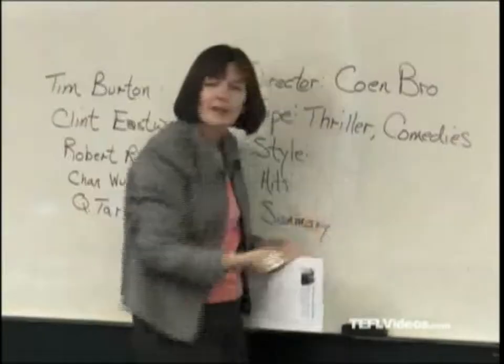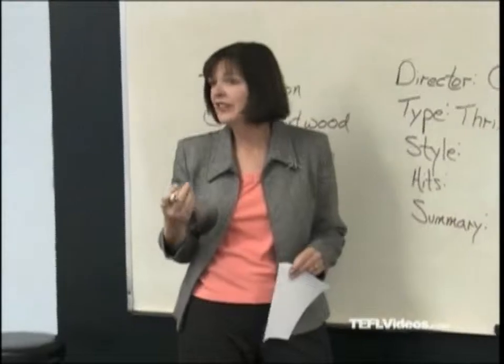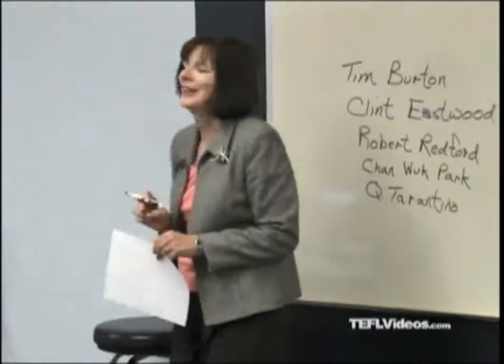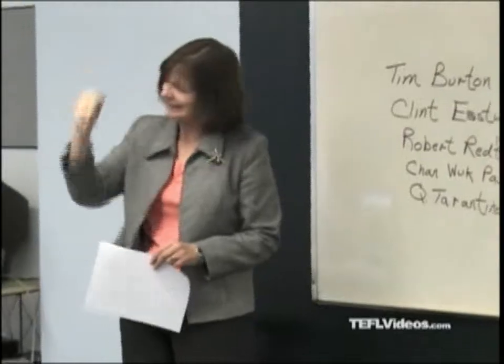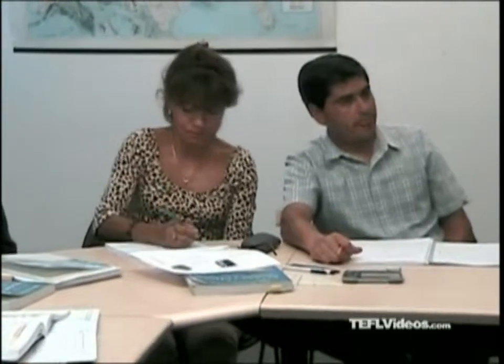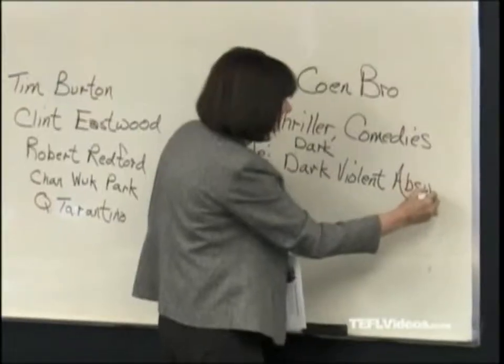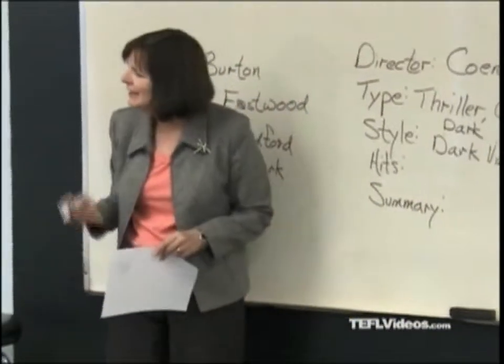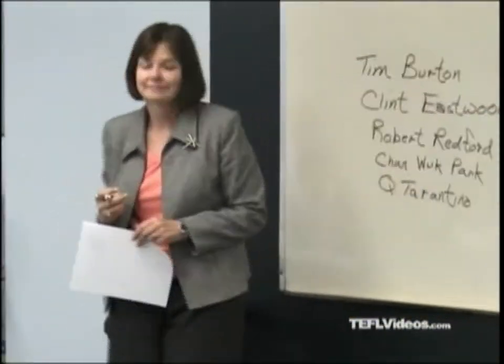Comedies too. But I think we could say that they're very dark. So their style, what would you say is their style? Dark and violent, dark, but also kind of maybe absurd. Ridiculous. Can we think of any hits?